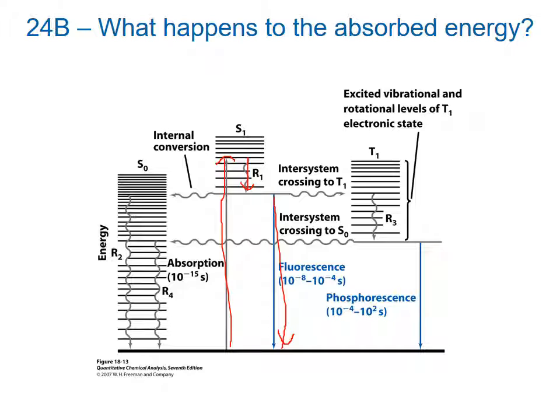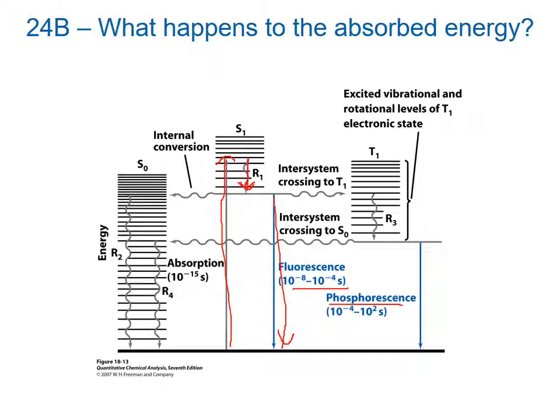Because it is only a relaxation by vibration, the fluorescence occurs on the order of 10 to the minus 8 to 10 to the minus 4 seconds, so pretty quick after the initial excitation.